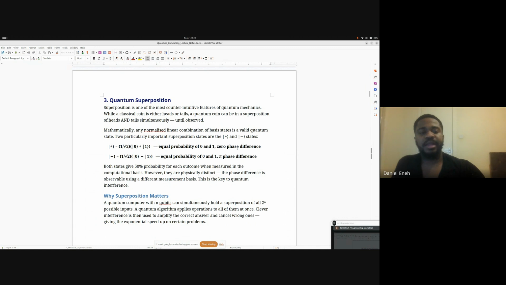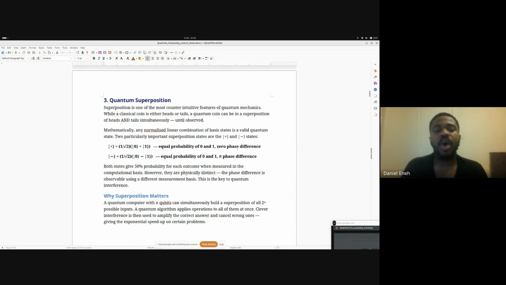Now this plus sign, when you see it, if we go to the exercise, you will see it when we start doing the playground. This plus sign actually means there's an equal probability of a 0 and 1, and the phase difference is 0. You will see it in the Bloch sphere when we try to draw it.